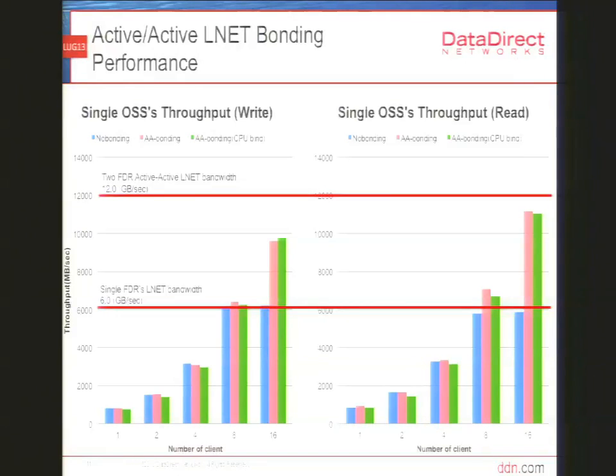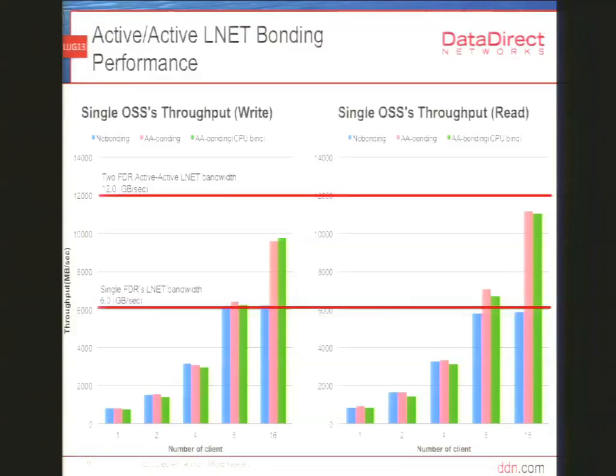You can see we are getting around 6 GB per sec without InfiniBand bonding, but we cannot see the performance improvement in this configuration. But with the active configuration, finally we got 9.5 GB per sec for write and 11 GB per sec for read. So it's a pretty high number compared to the single FDR link performance.